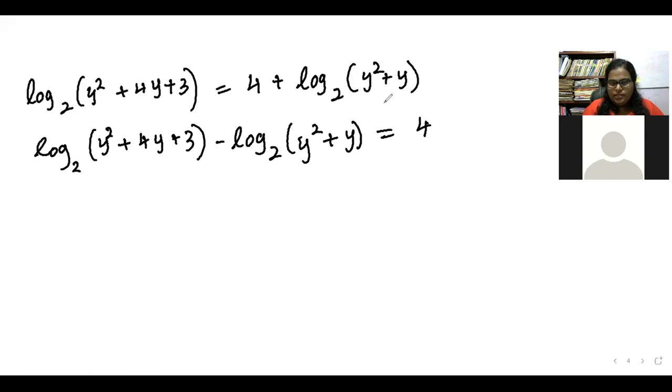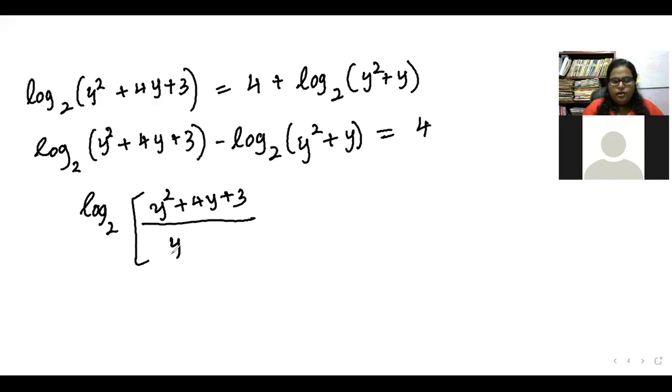Right, we rearrange our equation by taking this log term to the left hand side, and we can see there is a difference of two log terms, so we can write this one as log base 2 of y square plus 4y plus 3 divided by y square plus y equals to 4. Right, so you have to convert this one to exponential form.